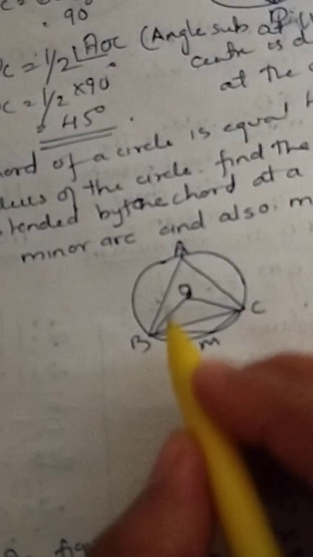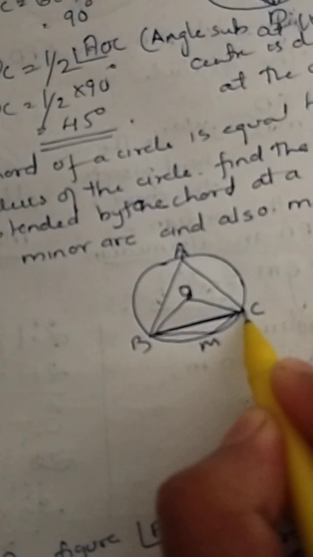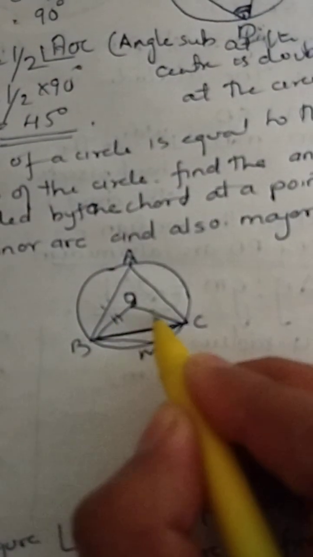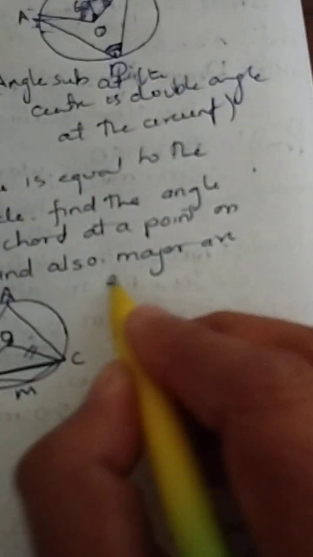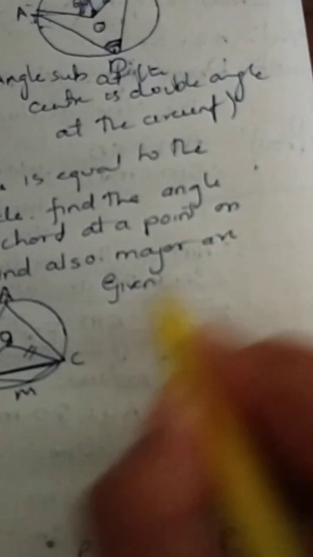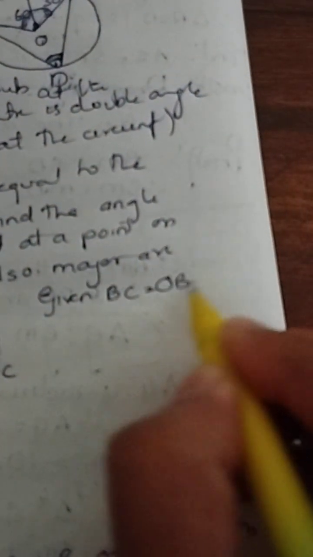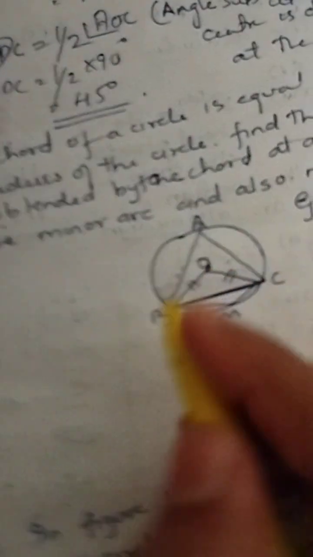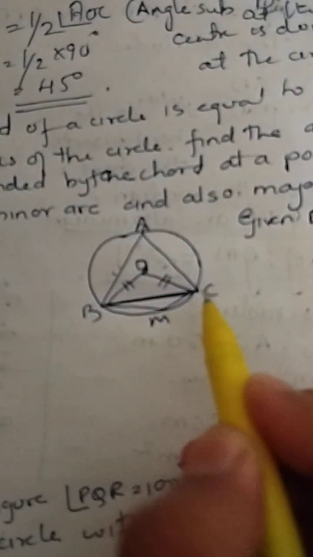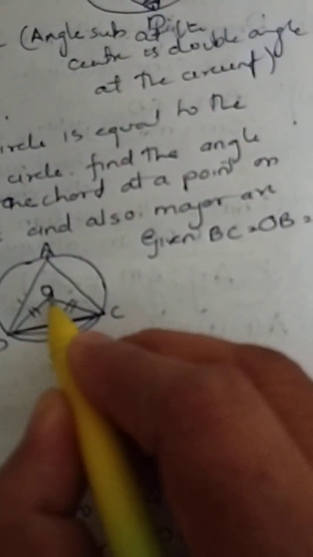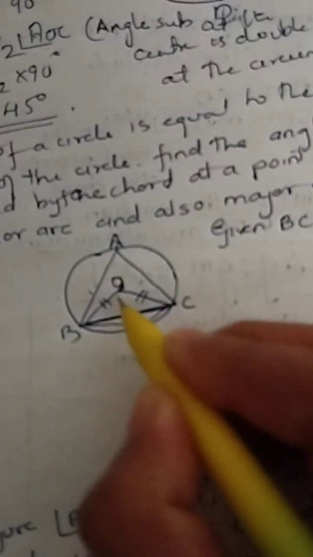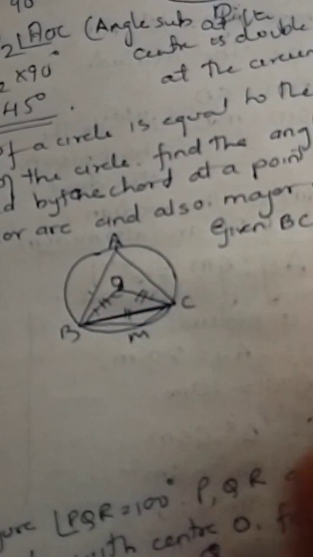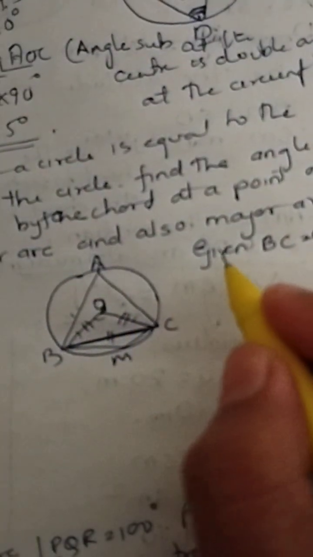A chord of a circle is equal to the radius. So BC is the chord and it is equal to the radius. The radii are BO and OC. So I'll write immediately here, given: chord BC is equal to the radii, radii meaning OB and OC. Therefore, in this triangle all three sides are equal, which means it is an equilateral triangle.